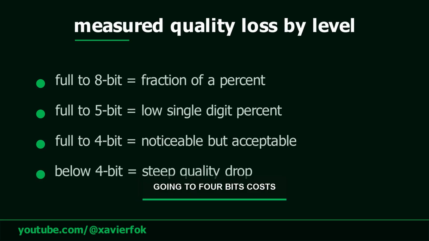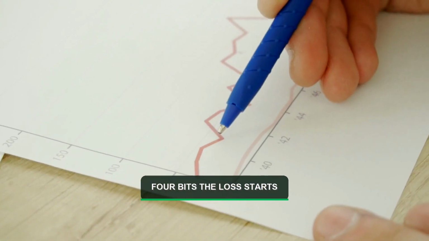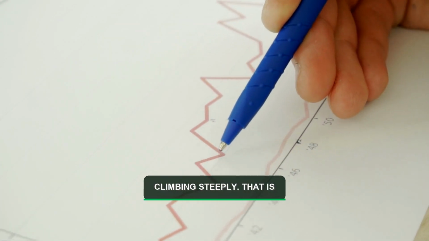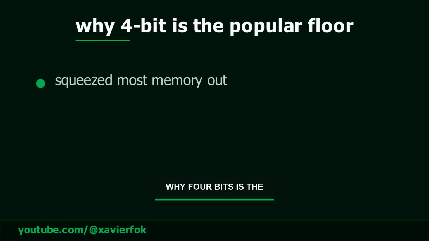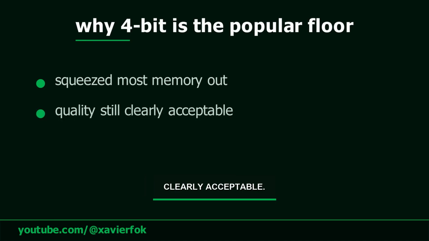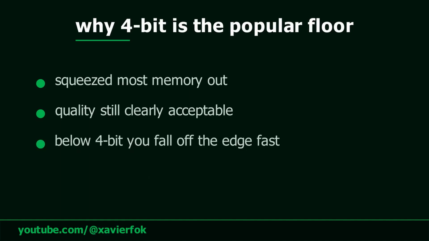Going to 4 bits costs a bit more, and below 4 bits the loss starts climbing steeply. That is why 4 bits is the popular floor. It is the point where you have squeezed most of the memory out while the quality is still clearly acceptable. Push below 4 and you fall off the edge fast, which is why those 2 and 3-bit files exist but should be a last resort.